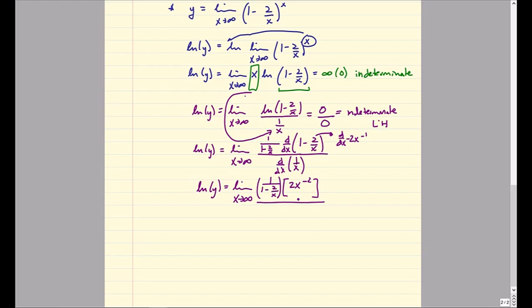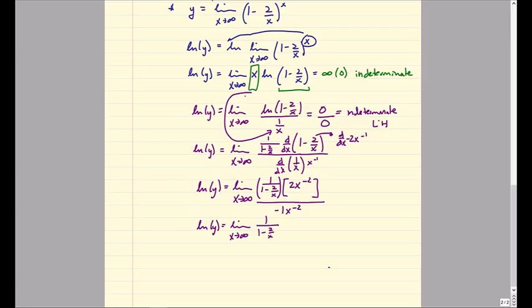And then next, what I have here is the derivative of the denominator. So this is the same as x to the negative 1. So my derivative here would be negative 1 x to the negative 2. And of course I can simplify this. Natural log of y is equal to the limit as x approaches infinity. In this term, I'm just going to leave this as is for now.